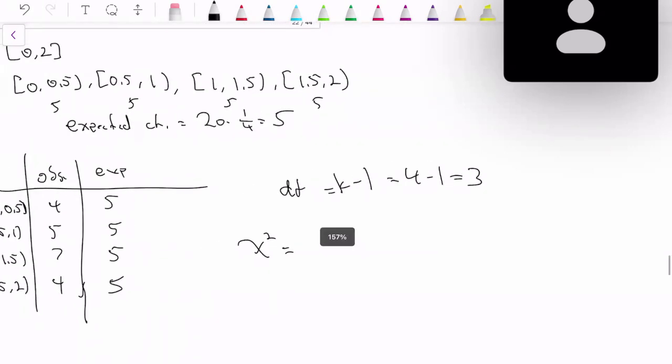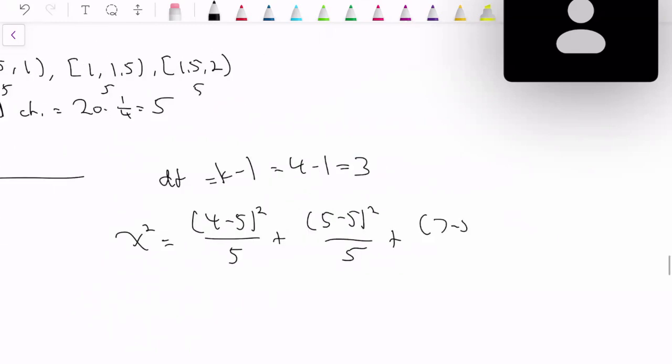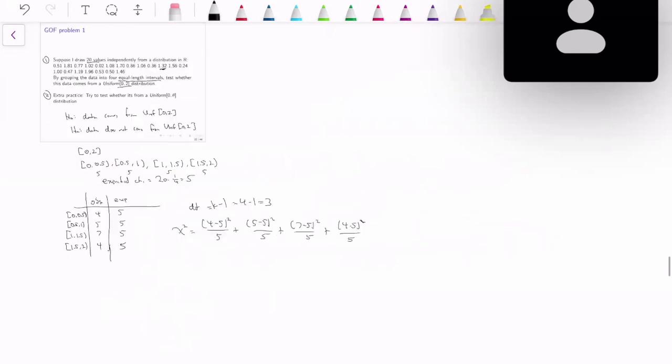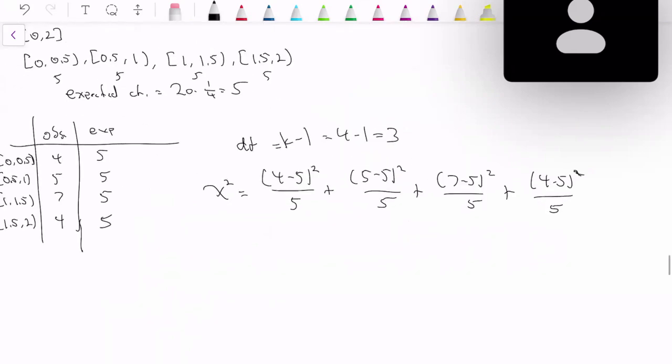So 4 minus 5 squared over 5, plus 5 minus 5 squared over 5, plus 7 minus 5 squared over 5, plus 4 minus 5 squared over 5.